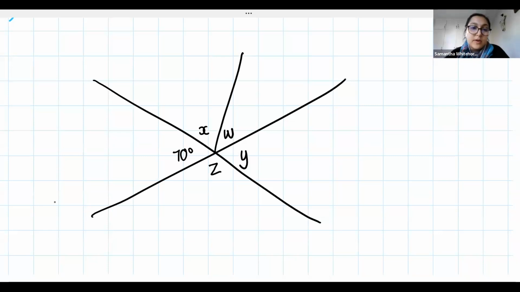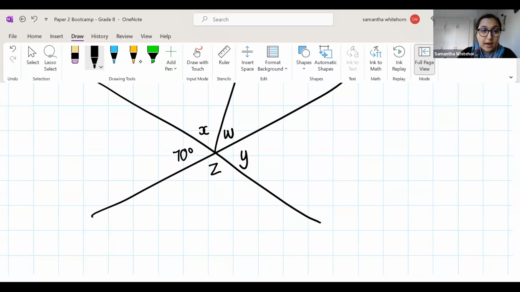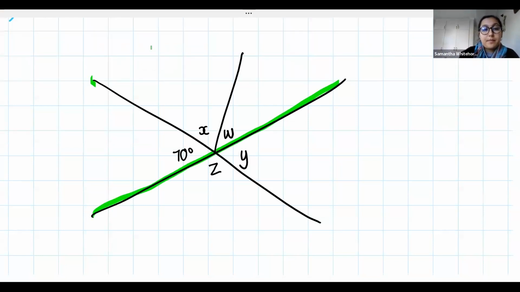Okay, so let's have a look at this question. What have I given you? I have given you one angle, and then I've asked for W, X, Y, and Z. So the first thing that my eyeballs are seeing is that I've got this cross shape.